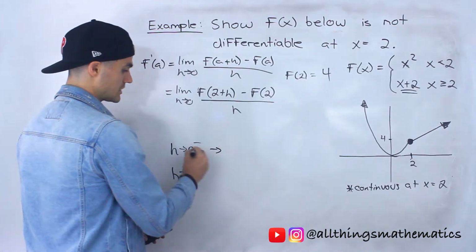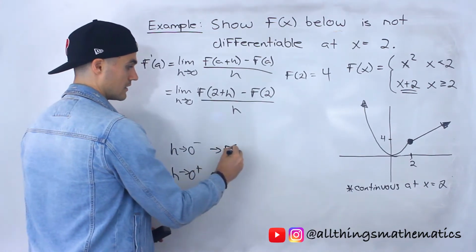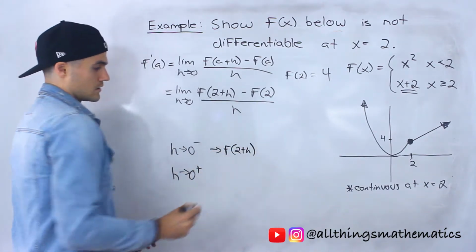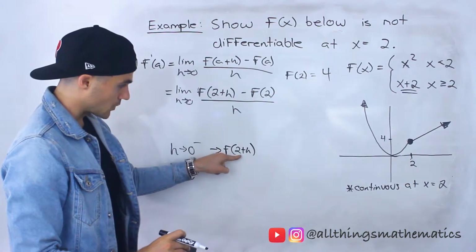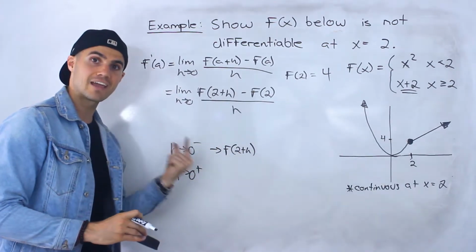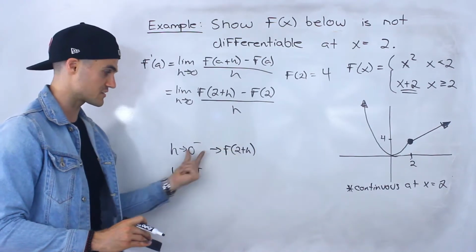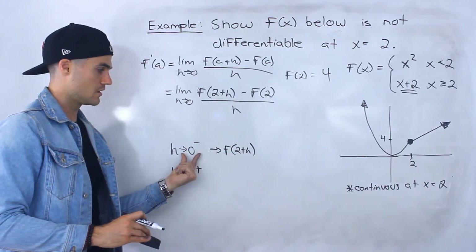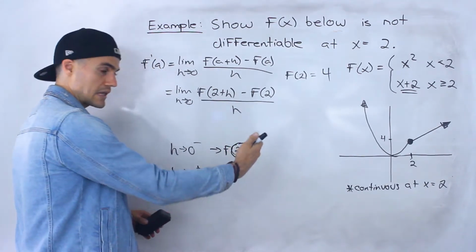Okay, if we're approaching this h value of 0 from the negative side, notice that this value, 2 plus h, is 2 plus a very small negative number. Meaning that this is going to be less than 2.